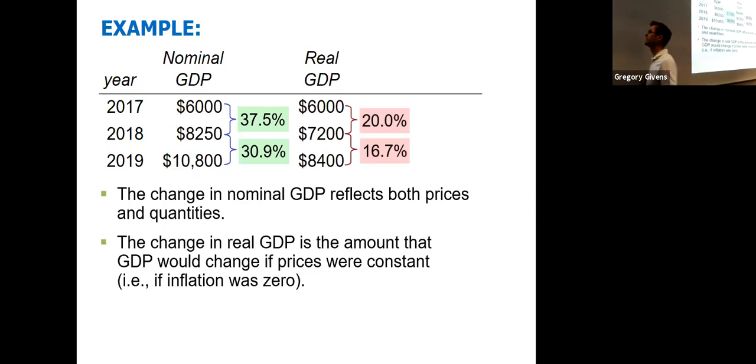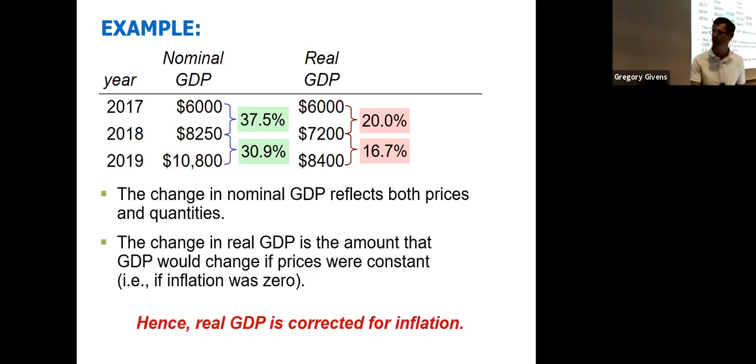Real GDP reflects only the increase in quantities, because it assumes that prices are fixed for those 3 years at the prices that we saw in 2017. So real GDP in this sense corrects for the effects of inflation where nominal GDP doesn't, right? If you were to just look at data on nominal GDP growth, you would overstate the true growth rate of this economy, right? You want to look at the data that just reflects growth in quantities.